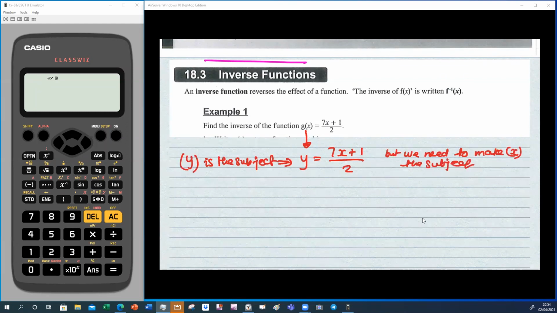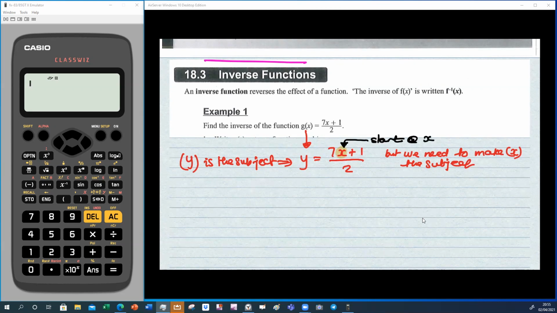So in order for us to make x the subject, how would you go about doing it from first principles? When we're making x the subject, we go back to our basic ideas of starting at the x. So you start at the x, that's the first step.